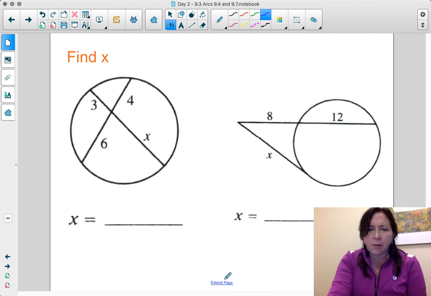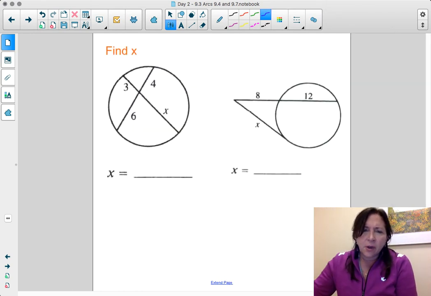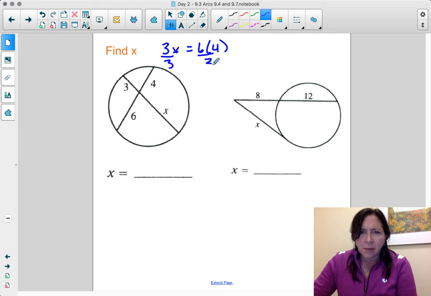We have 2 more problems down here. Find x. So practicing this one, this is going to be 3 times x is equal to 6 times 4. I'm going to divide by 3 on both sides. I get x is equal to, 3 goes into 6 twice, 2 times 4 is 8. Again, x times itself.